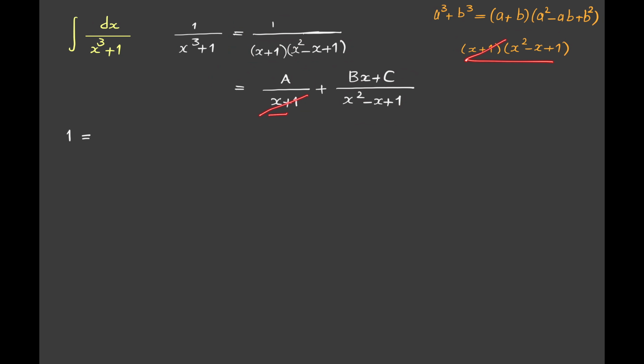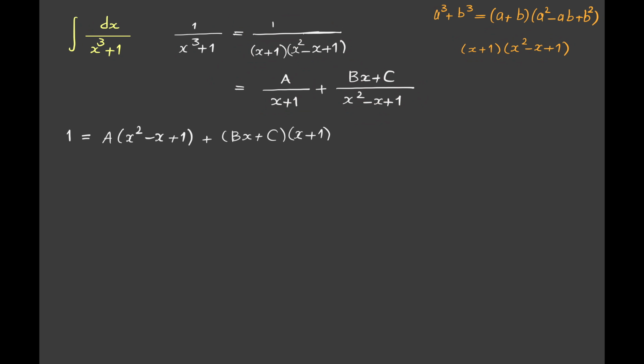This is left, which is supposed to be multiplied in the numerator. I get x squared minus x plus 1. And then when I multiply this here, the denominator here is cancelled with that factor. X plus 1 survives, should be multiplied in the numerator. So this becomes plus bx plus c multiplied by x plus 1.